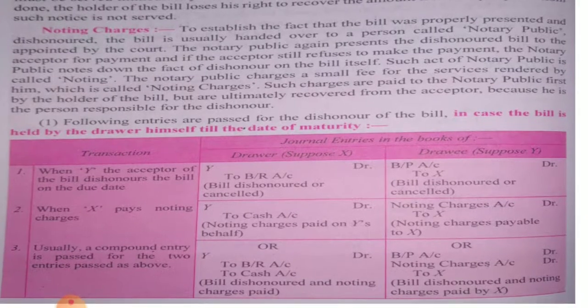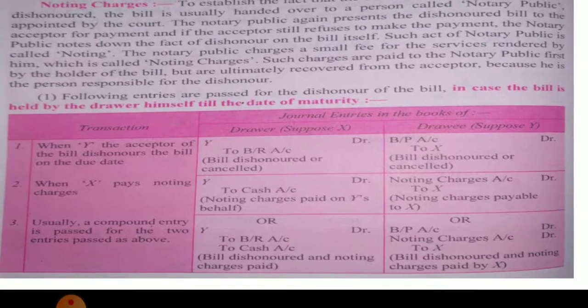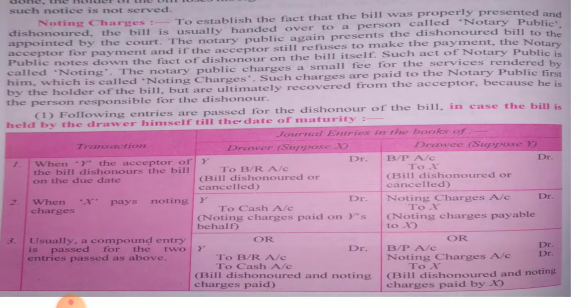So the following entry will be made. First, in the drawer's account: Y to bill receivable, because the bill is cancelled, so there will be the reverse journal entry. When X pays the noting charge: Y to cash. Usually a compound entry will be made, so Y to bill receivable account and to cash.